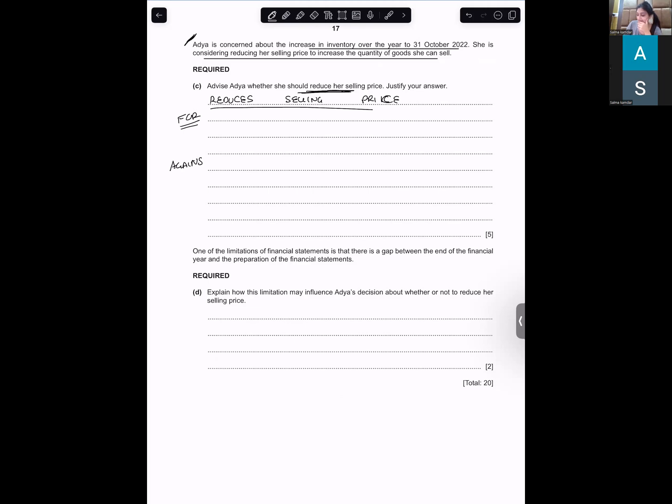She'll gain more customers, and more customers means more sales. If she has more sales, her inventory will reduce, and her concern was to reduce the inventory level. If inventory reduces, the inventory turnover ratio will improve.